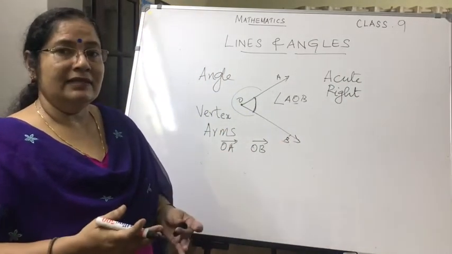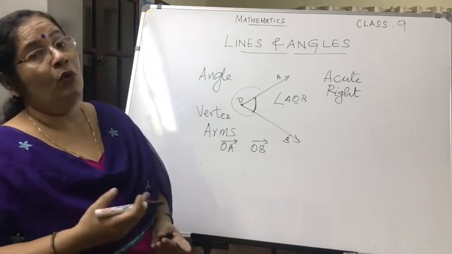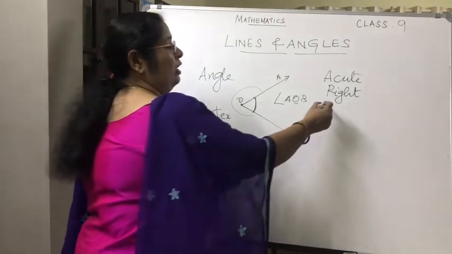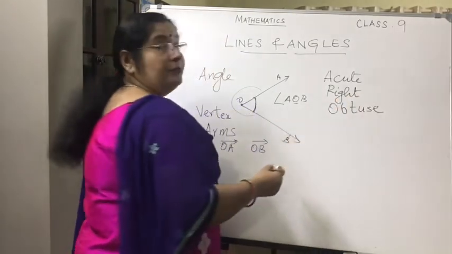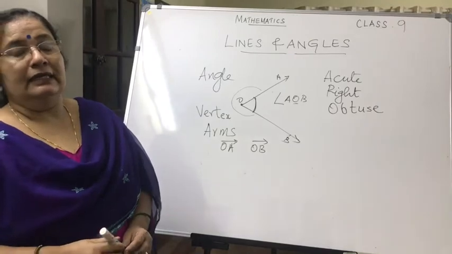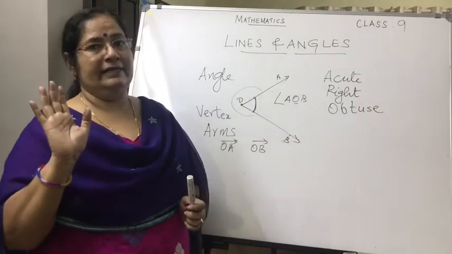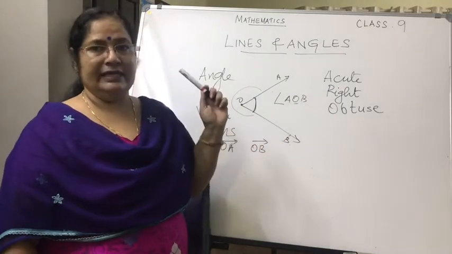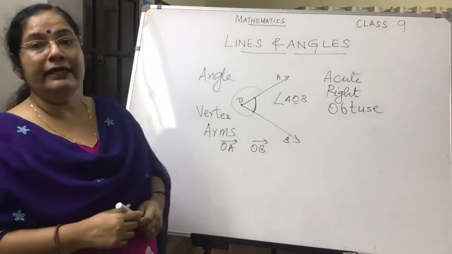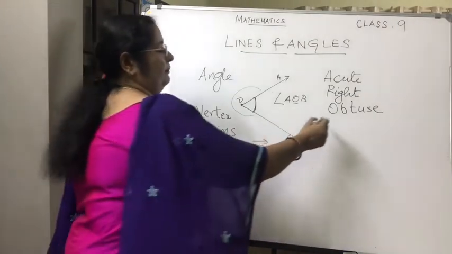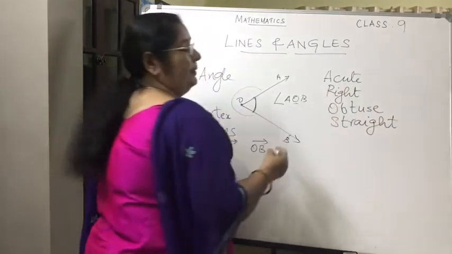Then next is angle of measure more than 90 degrees. More than 90 degrees, we call it an obtuse angle. O-B-T-U-S-E. Obtuse angle. Then angle of measure exactly 180 degrees. See, exactly 90 is a right angle. Same way, exactly 180 degrees, we call it a straight angle. S-T-R-A-I-G-H-T. Straight angle.